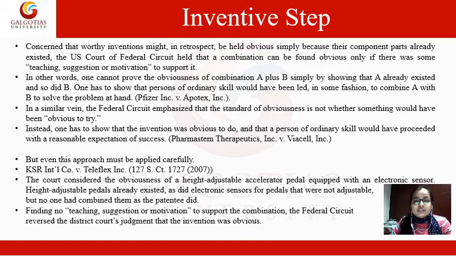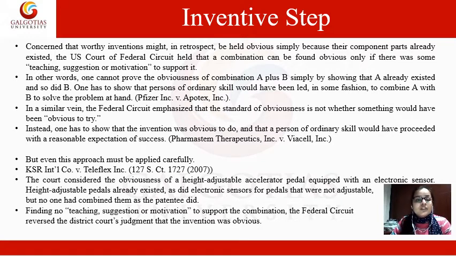In a similar thing, the Federal Circuit Court emphasizes that the standard of obviousness is not whether something would have been obvious to try. The concern is that a worthy invention might be held obvious simply because its components already exist in the market or in the public.